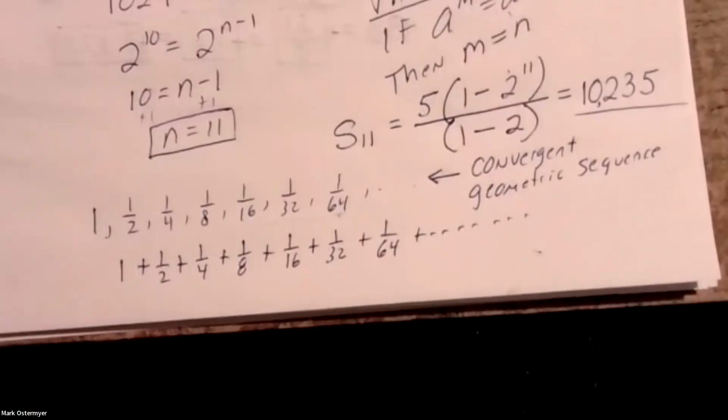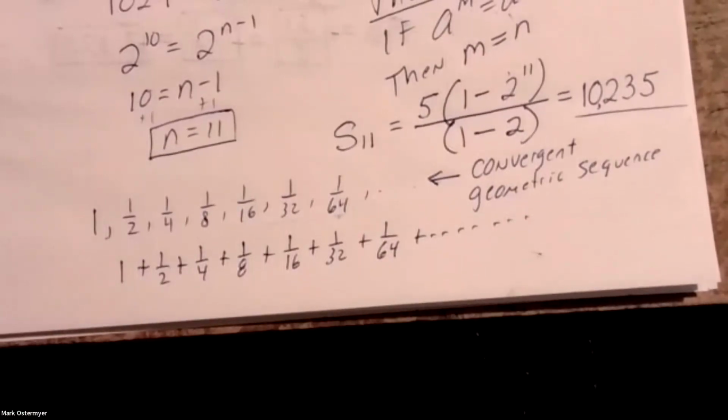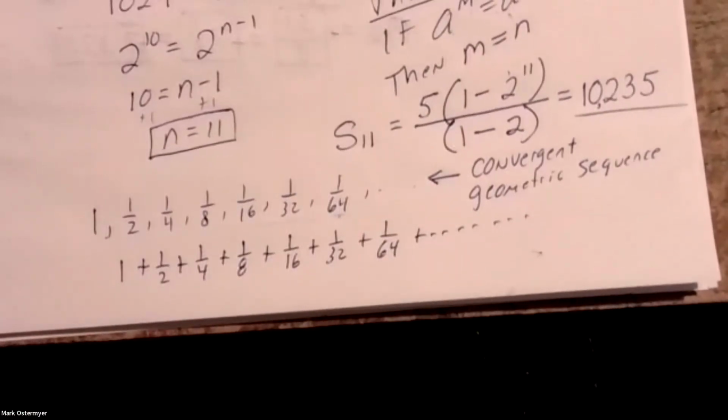We covered a lot of ground. We looked at arithmetic sequences and series, developing two very important formulas, namely the nth term rule and also the sum of the first n terms of an arithmetic sequence. We then turned our attention in 8.3 to geometric sequences and series, developing an nth term rule for a geometric sequence and also a finite sum formula for adding together the first n terms of a geometric sequence.